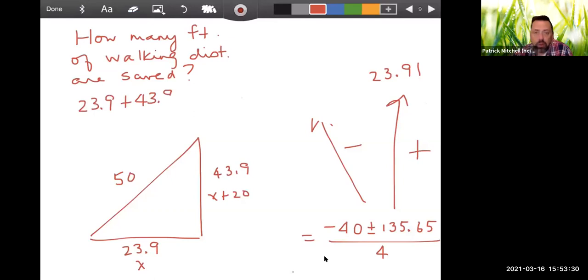So the difference between going all the way around or cutting across. And that comes out to, I can probably do that in my head, but better safe than sorry. 23.9 plus 43.9 minus 50 comes out to 17.8. And this is where I can round the answer to the nearest foot. So you save about 18 feet of walking distance.